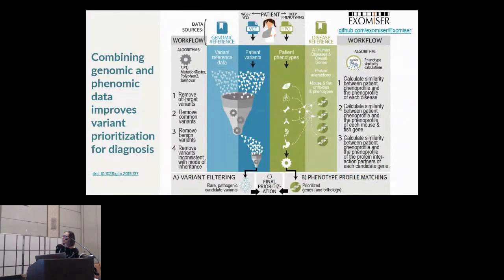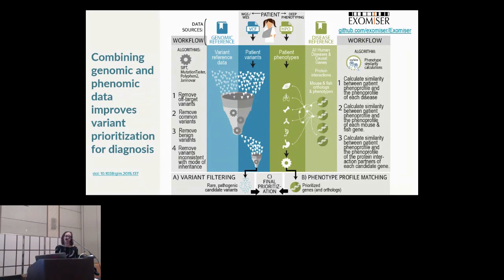This is a very detailed slide, but just suffice it to say that we take some of these data and we're increasingly starting to add more and more species to this process, where we basically take a patient in the middle, we have a whole exome or whole genome sequence for that patient, we annotate that patient with phenotypic terms from the human phenotype ontology, and then we combine fairly standard methods over there on the left to remove off-target variants, remove common variants, remove benign variants, remove variants that are inconsistent with the mode of inheritance.